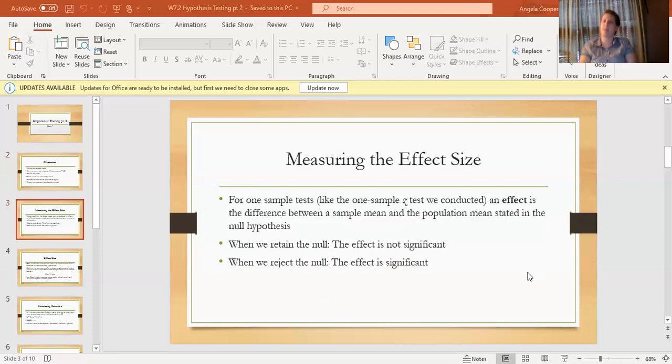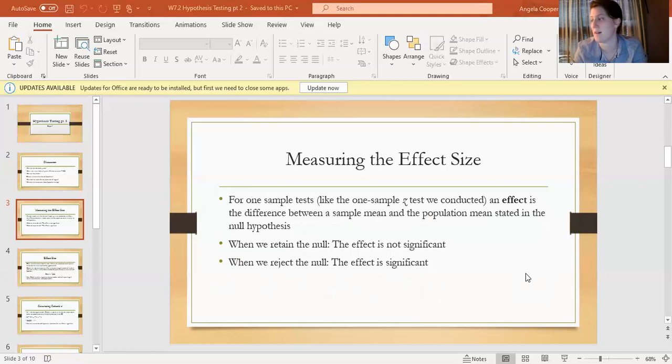Okay, so I mentioned how this video was going to be talking about measuring effect size and Cohen's d. So with that, what is that? When we measure effect size, we're looking at the difference between the sample mean and the population mean stated in the null hypothesis.